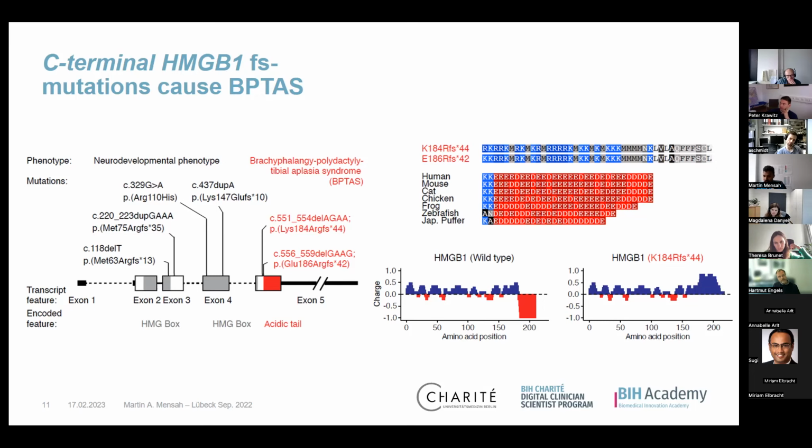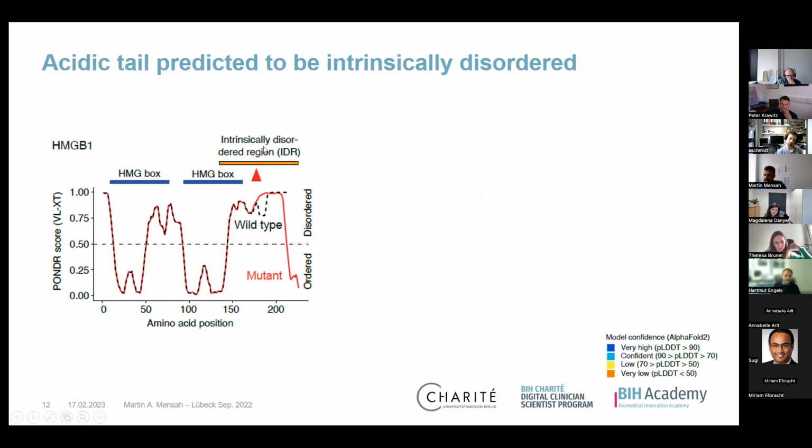However, this is not true. There is something that's called an intrinsically disordered region. That means the sequence of these amino acids does not have a propensity to assume a certain shape. It remains disordered. In other words, they do not assume a defined secondary structure. They remain unstructured.